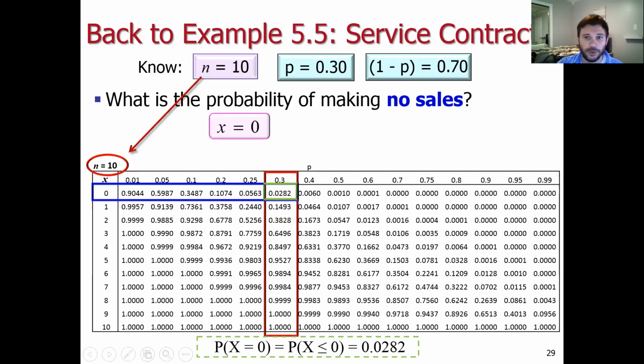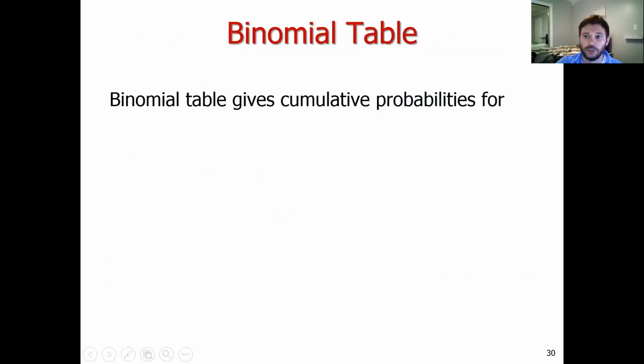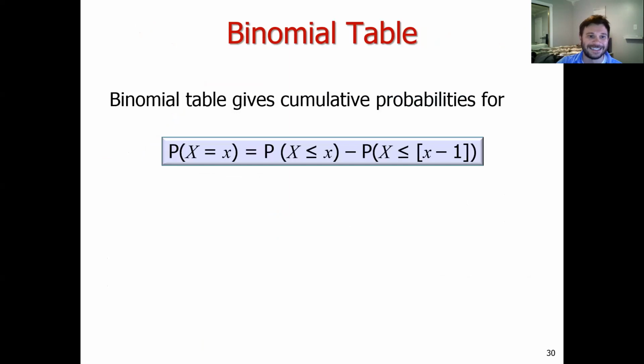So this binomial table is giving us cumulative probabilities. If I want the probability that x is exactly equal to a particular value, I find that value x, then look at the row of the table directly above it, x minus 1, and subtract those 2 probabilities. We're going to go through a few examples in a moment if you didn't catch that 100% with this notation.